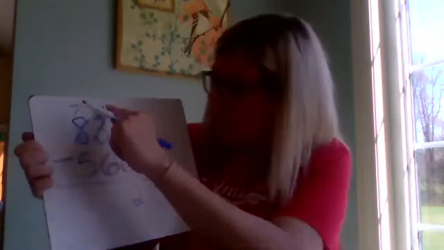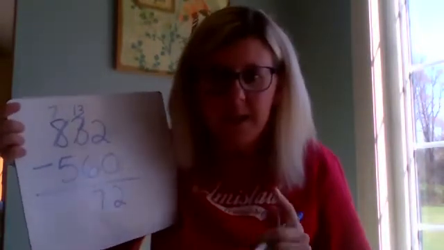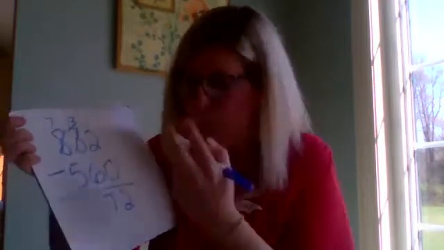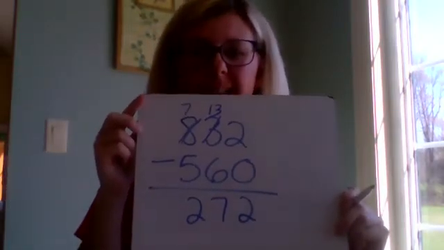And so we're going to do 13 minus 6. So touch our head and say 13, 12, 11, 10, 9, 8, 7, 6. So how many fingers did it take to get there? 7. 7 minus 5 equals 2. So the answer should be 272.